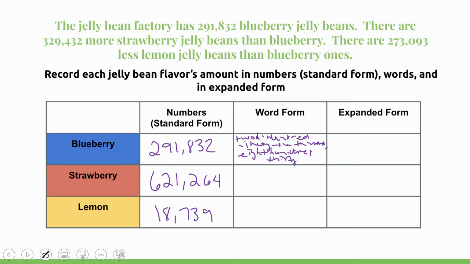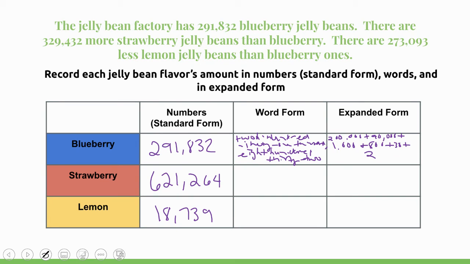I am sorry, that's not very pretty, but it is written how you say it. 291,832. Now to put that in expanded form, I'd have 200,000 plus 90,000 plus 1,000 plus 800 plus 30 plus 2.